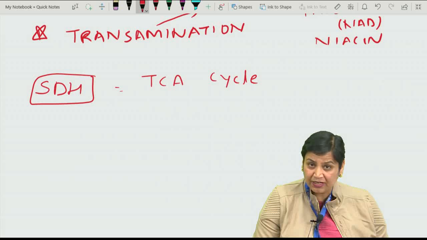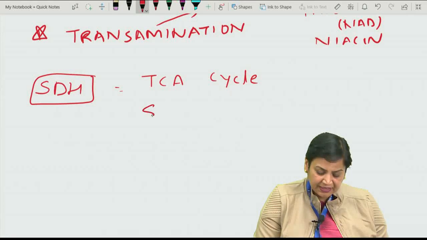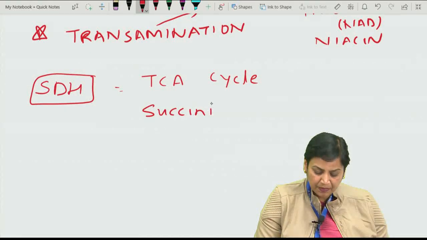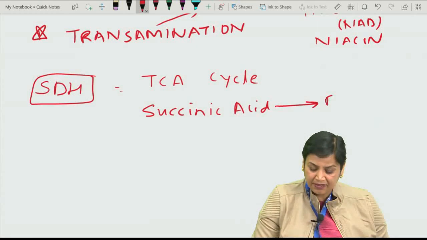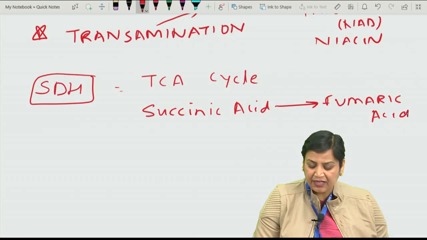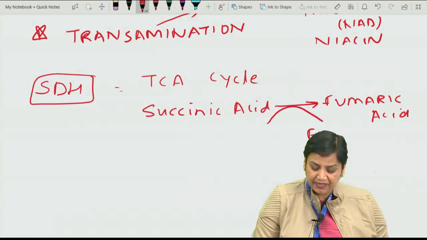Dehydrogenation, removal of hydrogen is there. So it converts succinic acid to fumaric acid. Since it is linked with dehydrogenation, automatically there is dehydrogenation.